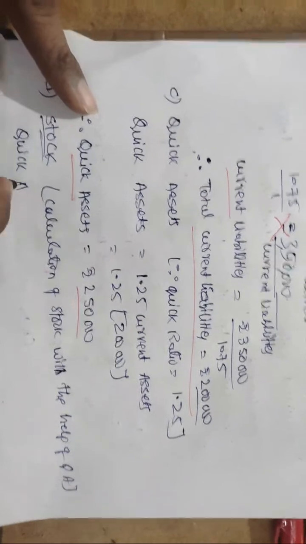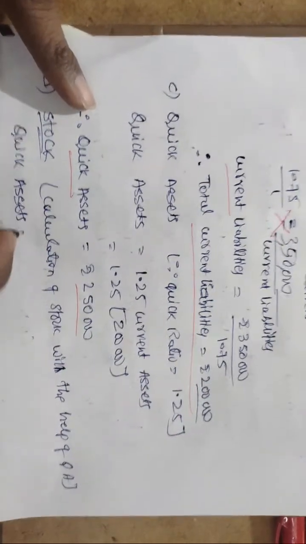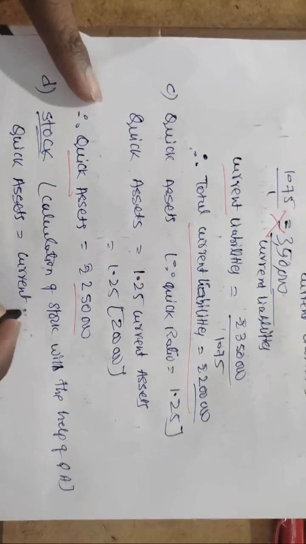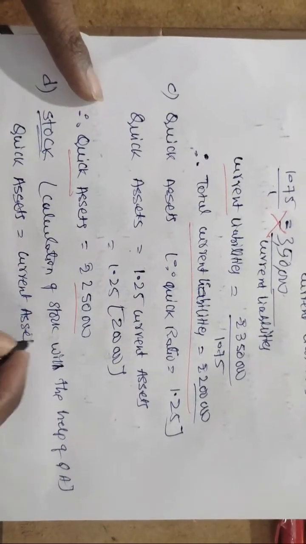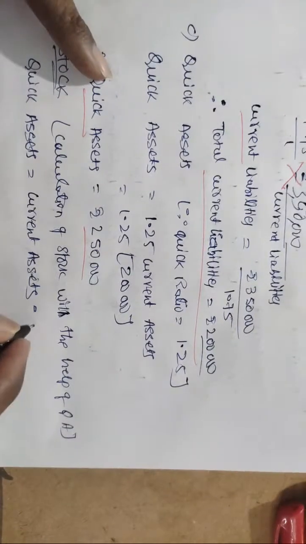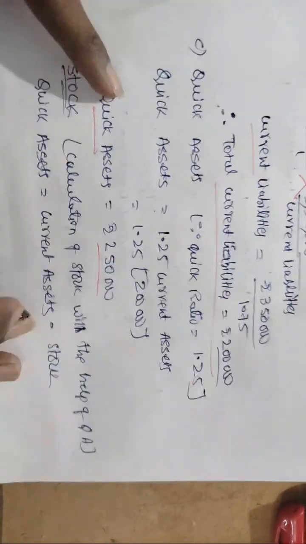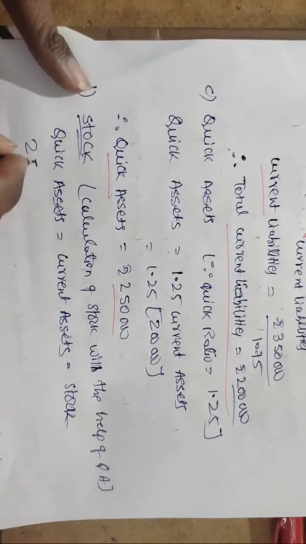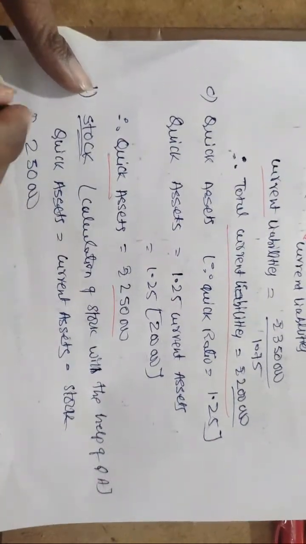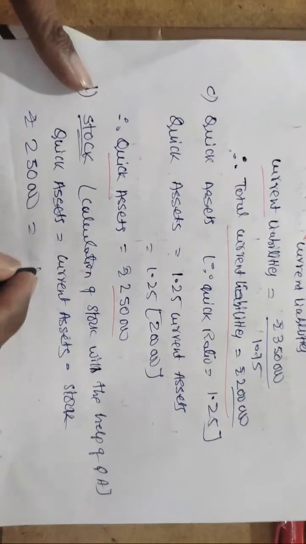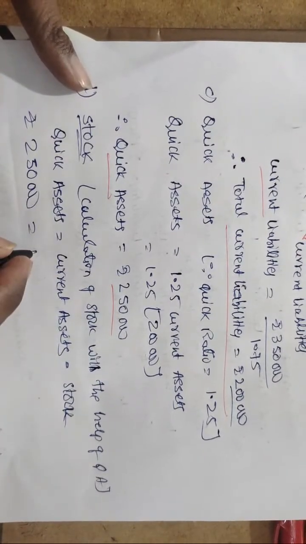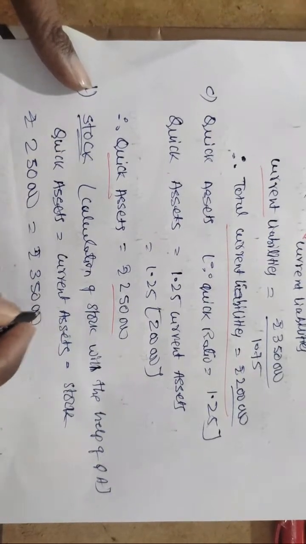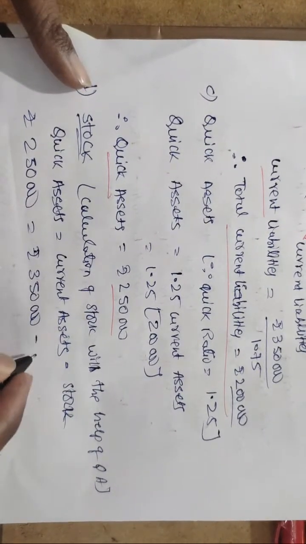Quick assets equals current assets minus stock. So now quick assets, we know, we have got rupees 2,50,000. Current assets, we have got rupees 3,50,000. But stock we don't know, right?